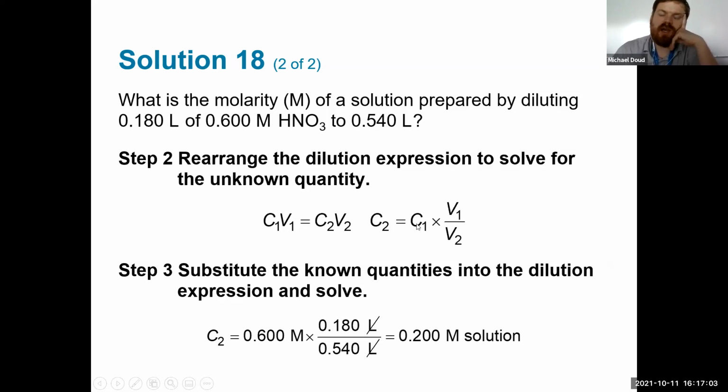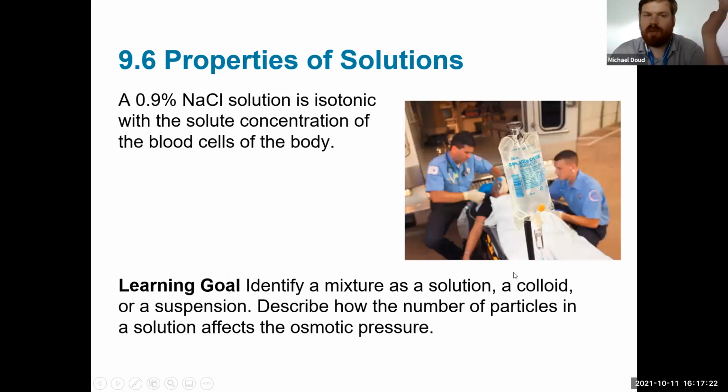Well, if we rearrange our equation, C1V1 equals C2V2, we end up with C2 equals C1 times V1 over V2. So 0.600 molar times 0.180 liters divided by 0.540 liters gives us 0.200 molar solution. Not too bad, right?